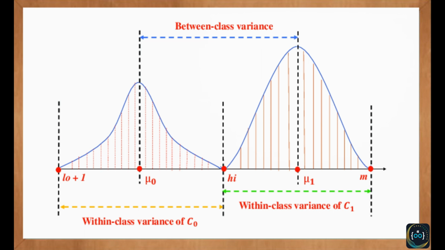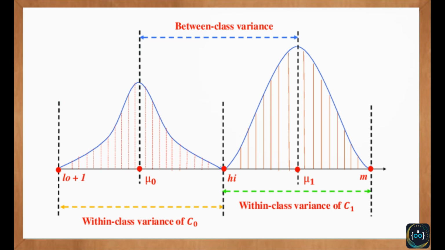The between class variance is the distance of all of them from the central threshold, that is the center here.